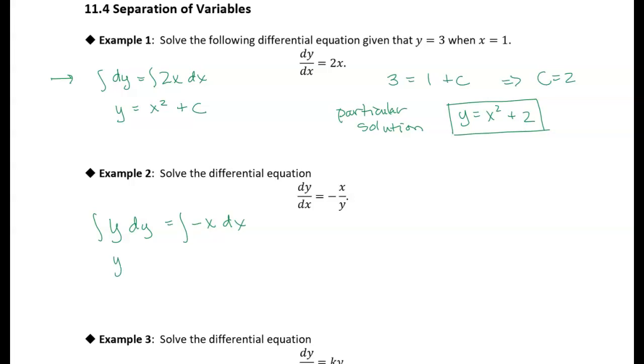We end up with y squared over 2 is equal to minus x squared over 2 plus c. And we can actually rearrange that, just by adding x squared over 2 to both sides, into x squared over 2 plus y squared over 2 equals c. And I can actually rewrite that as x squared plus y squared equals 2c.